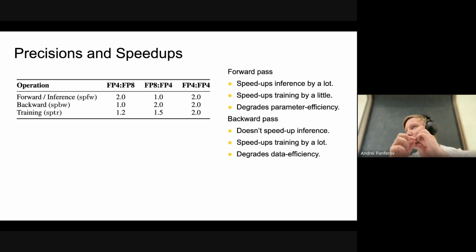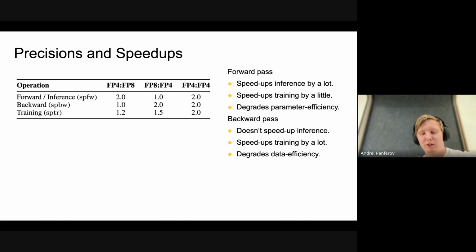In general, we can describe this effect of quantization speedups as follows. Forward pass quantization affects inference speedups by a lot.